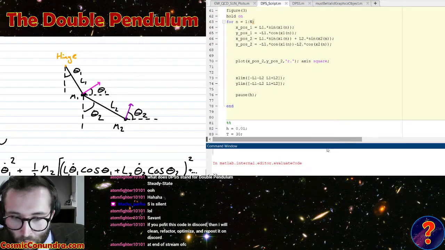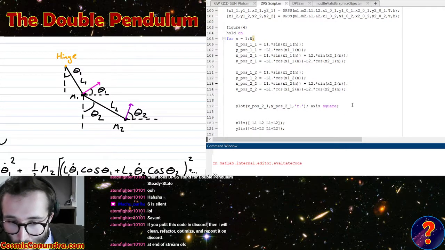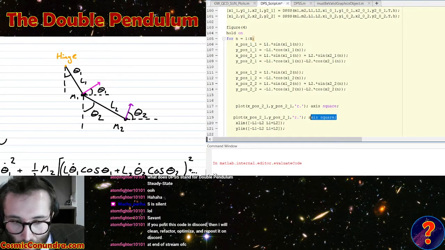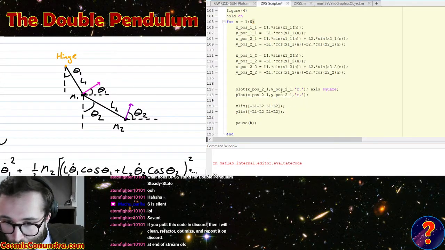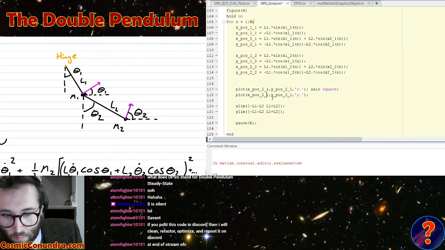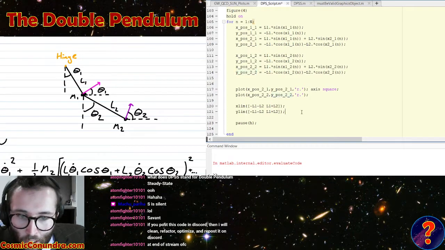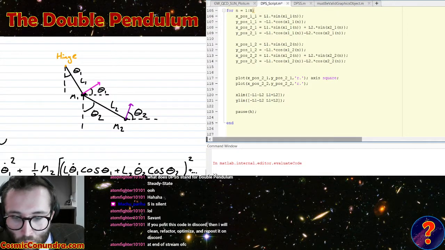So now I'm trying to plot the path traced out by the first particle, the second particle with some initial conditions, and also the second particle with some different initial conditions. So these are now 2s to show that this is taking the second set of initial conditions, and hopefully this will run.